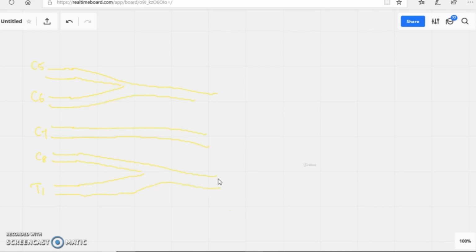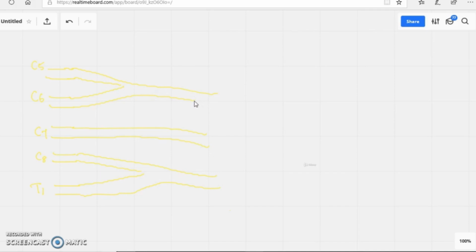So these are the three trunks you will make out: upper trunk, middle trunk and lower trunk. So we have 5 roots and 3 trunks. 5 roots are C5, C6, C7, C8 and T1, and then C5, C6 joining together to form upper trunk, C7 going to form middle trunk, C8 and T1 going to form lower trunk.